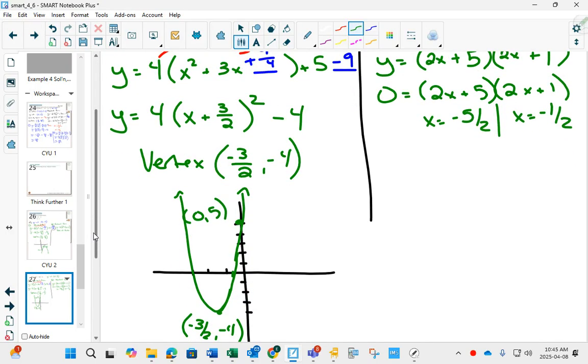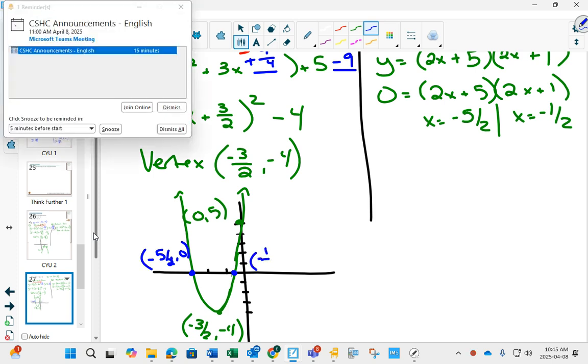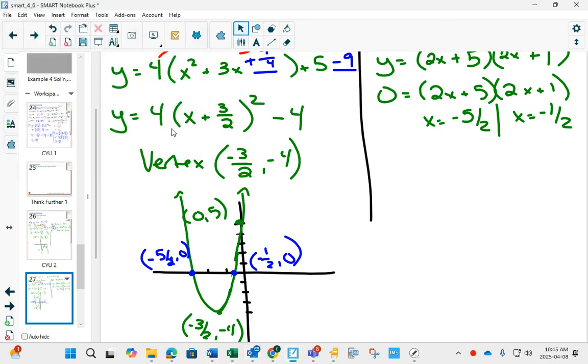So on this graph, I'm going to add those in blue because I just found them afterwards. I would find out this is (-5/2, 0). And this one's (-1/2, 0). Then if I wanted to find my vertex this way, what would I have to do?